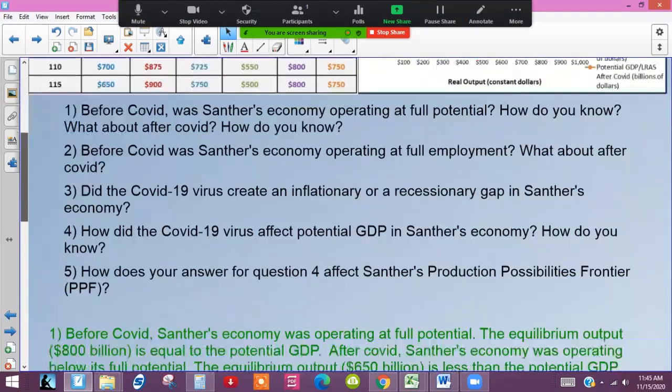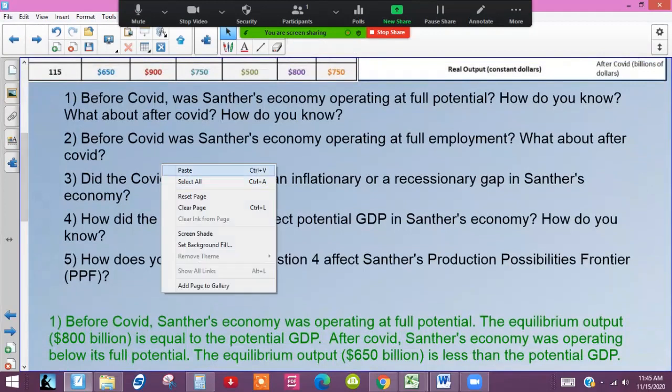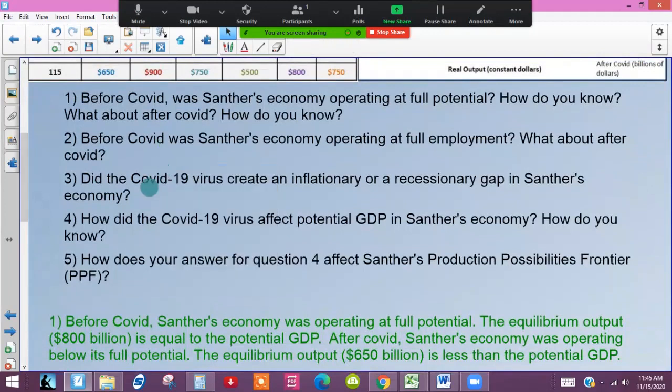So question 3, did the COVID-19 virus create an inflationary or a recessionary gap? A recessionary gap, because we're below full employment, which is a recession. Okay, so that's easy. 4, how did the COVID-19 virus affect potential GDP?